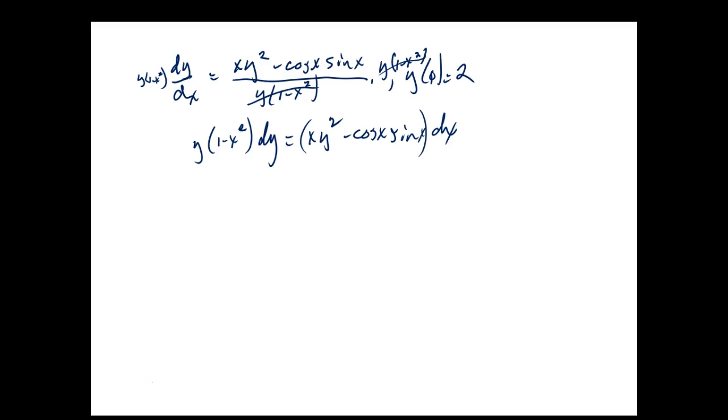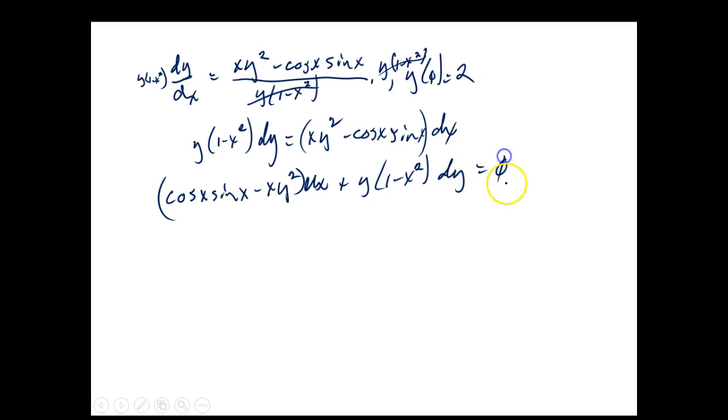Now let's subtract it from the other side, note my sleight of hand here. That makes it (cosine x sine x minus xy squared) dx. Notice I reversed this and added. Plus y times (1 minus x squared) dy equals 0.